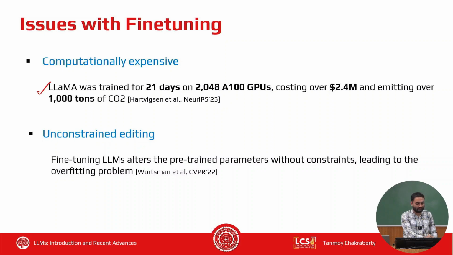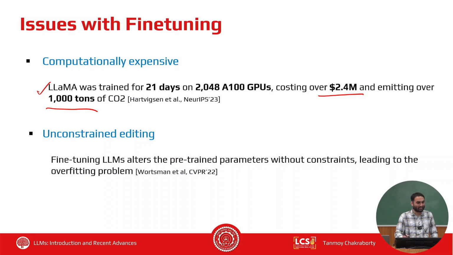Here are some statistics. Llama was trained for 21 days on roughly 2,800 GPUs, which cost more than 2.4 million USD, with 1,000 tons of carbon dioxide emitted. This is really costly in terms of money, equipment, and environmental pollution, right?